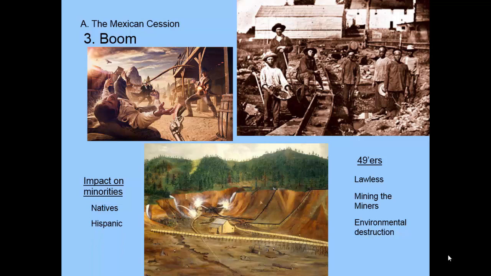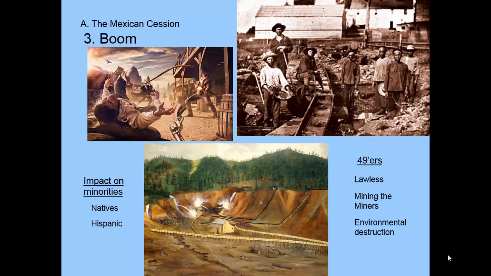Next, Hispanic Americans, Mexican Americans. Just a year ago, this was part of Mexico, and now it's part of the United States. So what does that mean for Mexicans who are living in now present-day America? There are some Mexicans who had huge haciendas, huge ranches. They had businesses, they had farms, and they're very nervous.